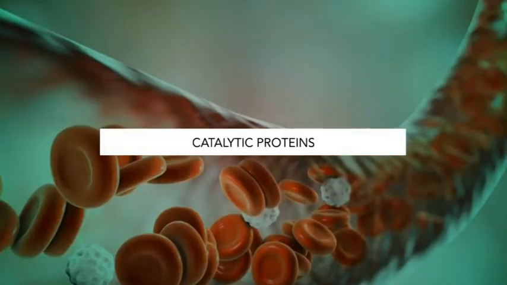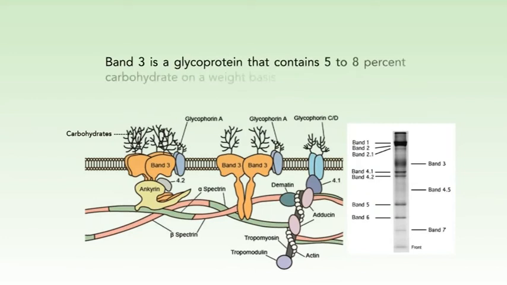Catalytic proteins. The anion transporter, or band 3, is the predominant intrinsic membrane protein, comprising approximately 25% of the total membrane protein of the human erythrocyte. Band 3 is a glycoprotein that contains 5 to 8% carbohydrate on a weight basis.